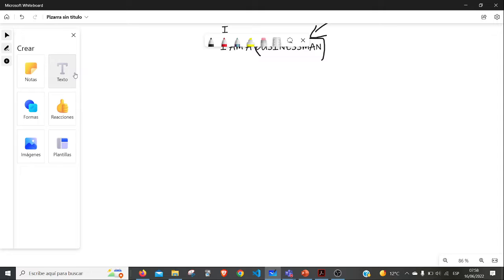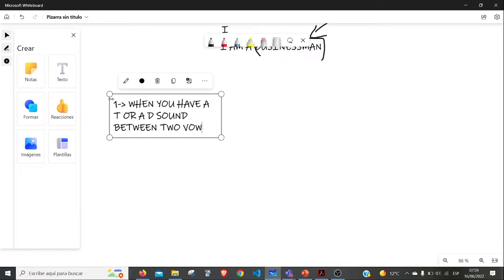When you have a T or a D sound between two vowel sounds, okay, you speak Spanish because this is your native language, right? Yep.